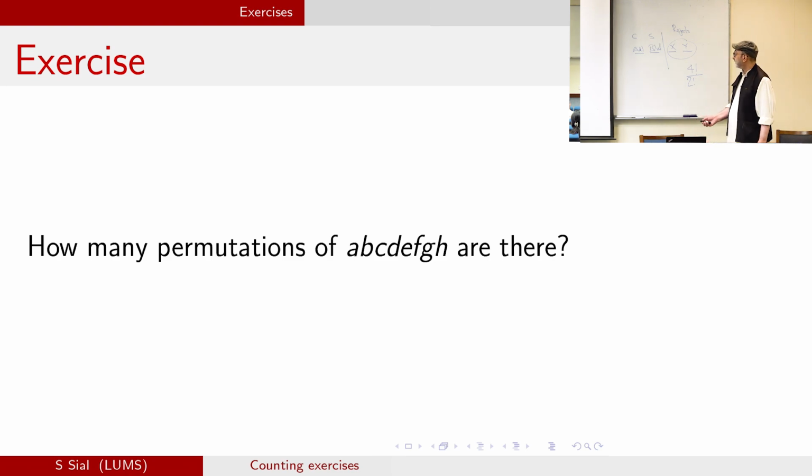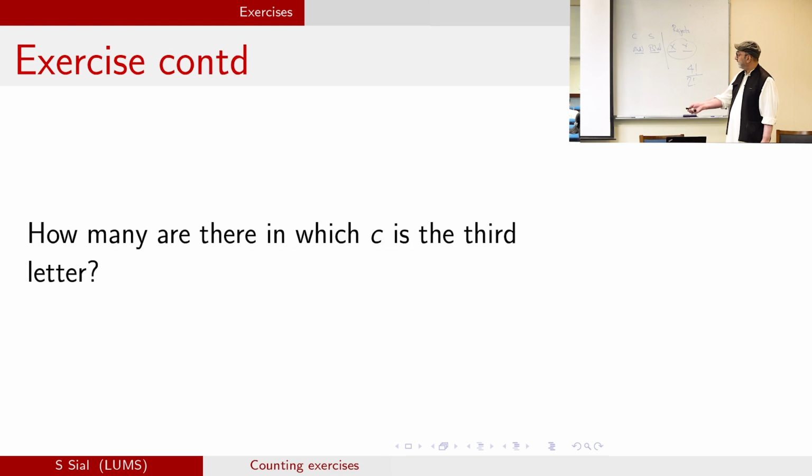Okay, so what did we have? We had 8 distinct symbols. Now we ask, how many arrangements are there in which C is the 3rd letter? Right? So C is fixed. So for the first one, there are 8 that you can choose from.